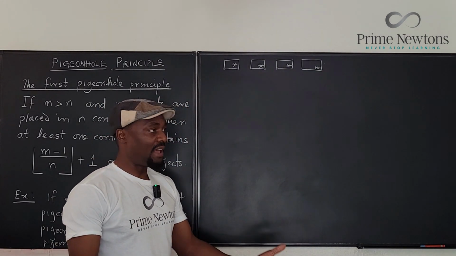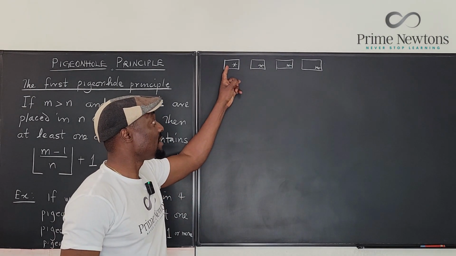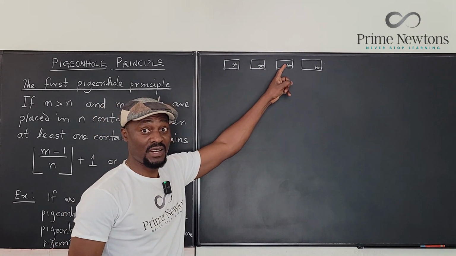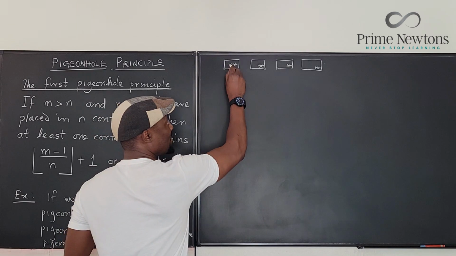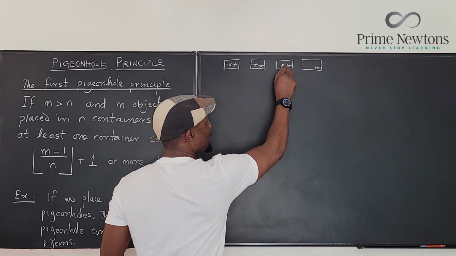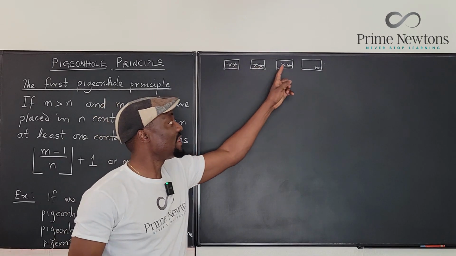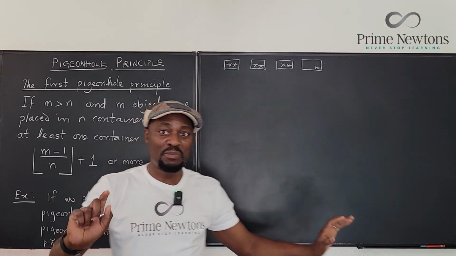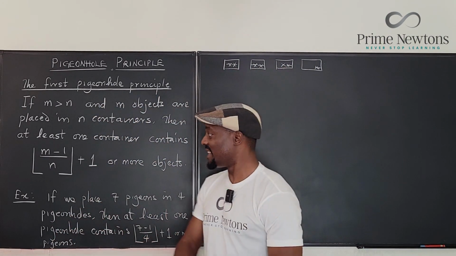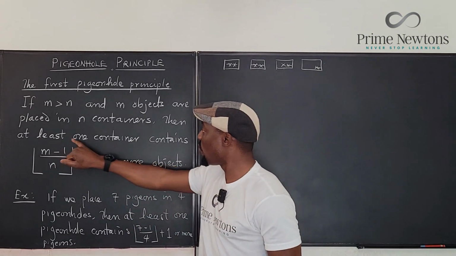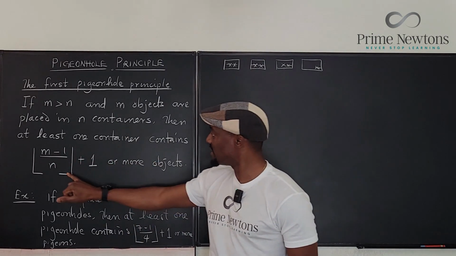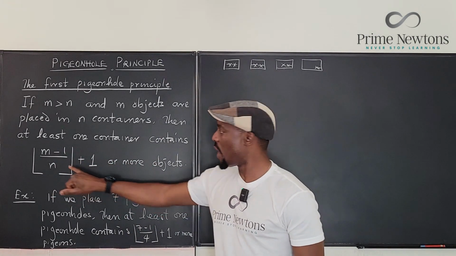The 3 I have left, it is either I put 1 here, put 1 here, put 1 here, so I'm going to have 2, 2, 2. Or I'm going to put 2 here, 1 here, and these will be 1, 1. But the pigeonhole principle just says that there will be at least 1 container that contains this number plus 1.